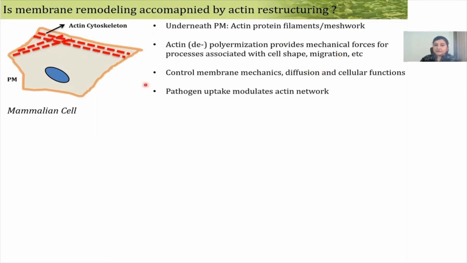It has been found that pathogens, including mycobacteria, can modulate this actin network to facilitate entry. So we wanted to see whether the mycobacterial lipids are one of the factors that can bring about change in this organization.